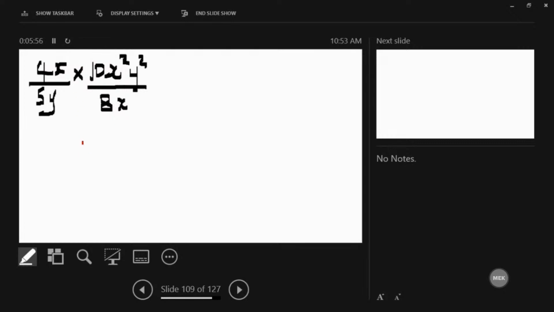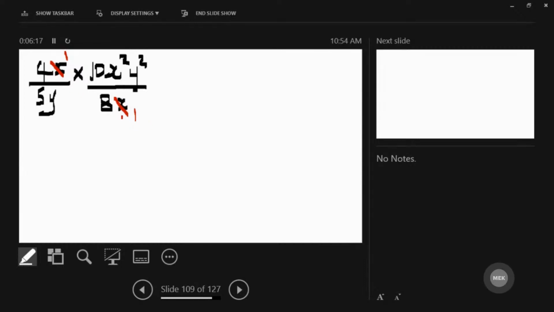So you can cancel vertically or diagonally. So this x can cancel that one. You can put a 1 if you want, x into x 1, but you really don't have to in this case. X cancels x.